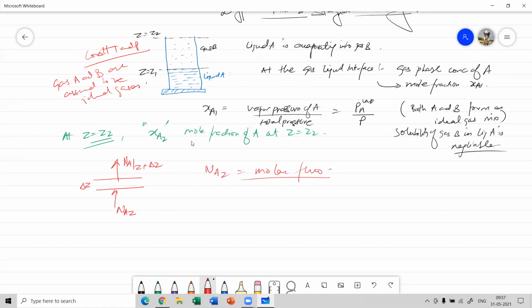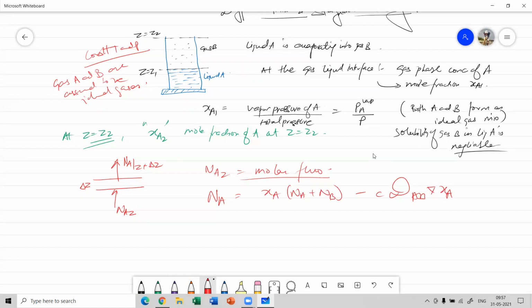For a relatively stationary coordinate system, the molar flux can be expressed as NA equals XA times (NA plus NB) minus C DAB delta XA.